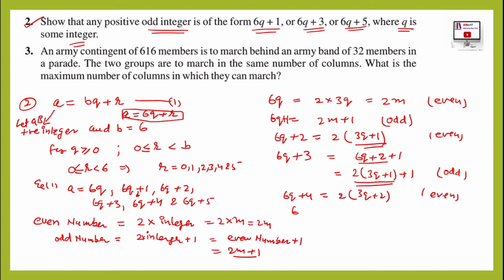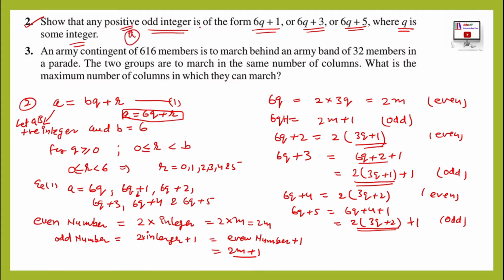And next number is 6q plus 5. इसको हम लिख सकते हैं 6q plus 4 plus 1, 2 into 3q plus 2 plus 1, as this is even number, and even plus 1 definitely will be odd integer. Now okay, so now 6q is even, and 6q plus 1 is odd, and so on. So we have to show that any positive odd integer, हमने any positive odd integer को हमने a माना था.